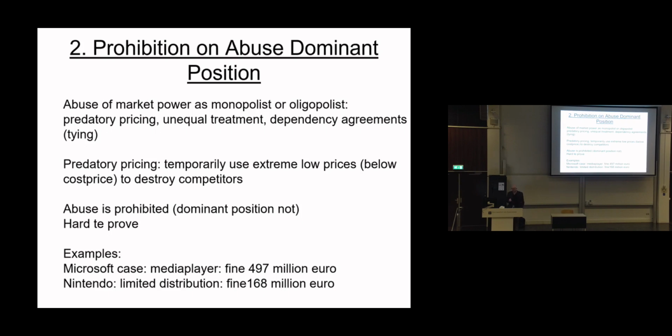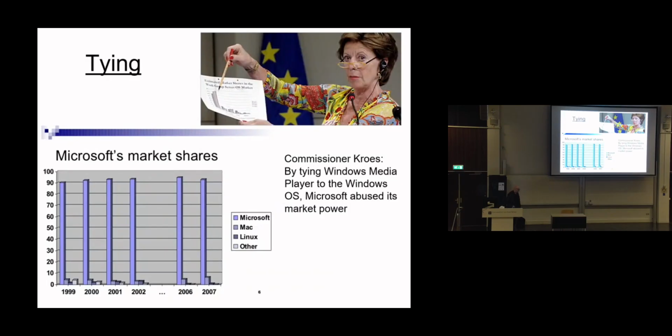Another couple of examples, the Microsoft case, the media player, that was in, I think, 2006, a fine for Microsoft. And in the case of Microsoft, it was also a case of what is called tying, bundling two products together.